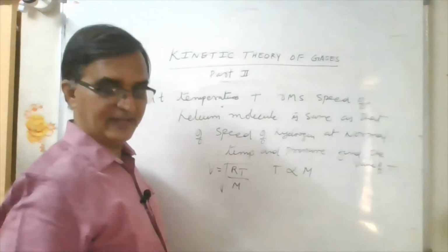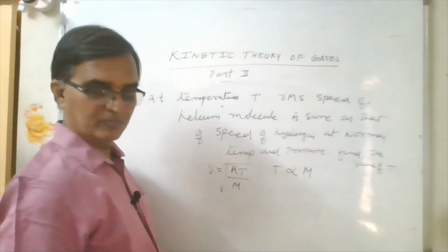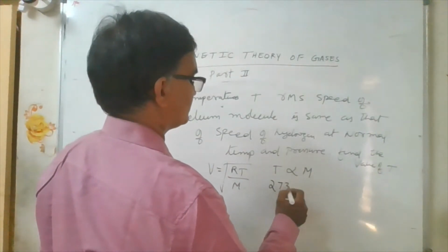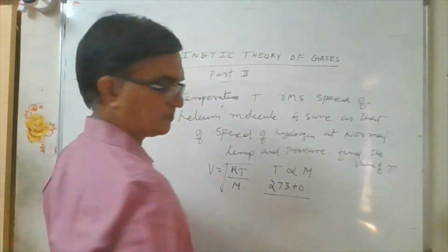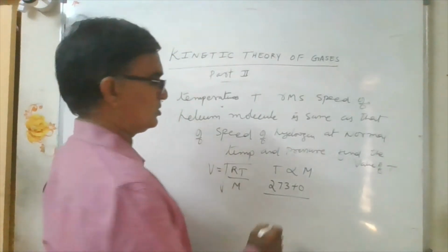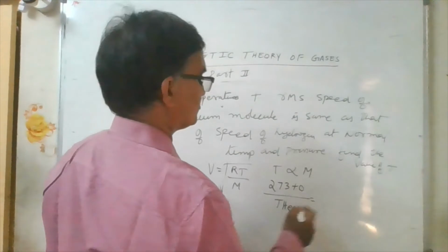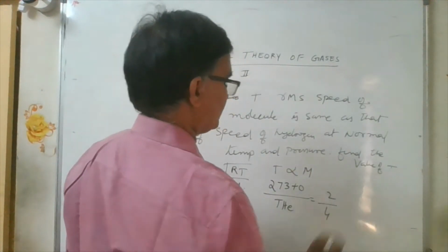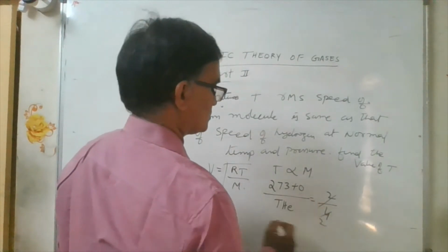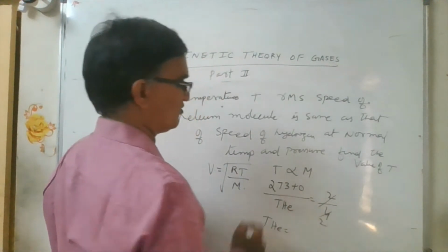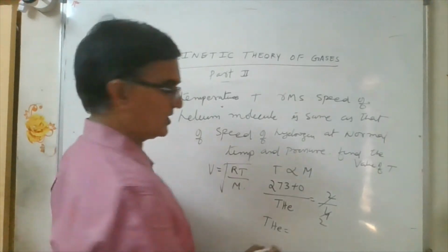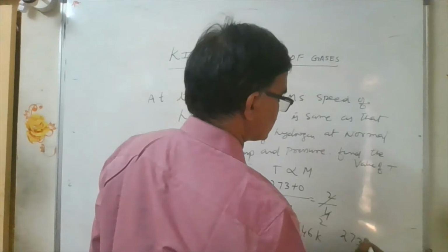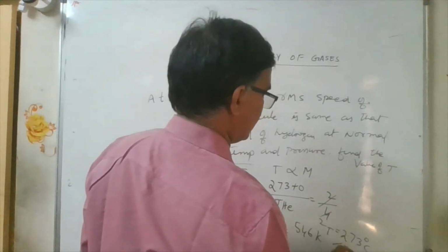So first, 273 plus 0 is the temperature of hydrogen. The mass of helium is 4, hydrogen 2. So T helium is 546 Kelvin or 273 degrees centigrade. This is the T value.